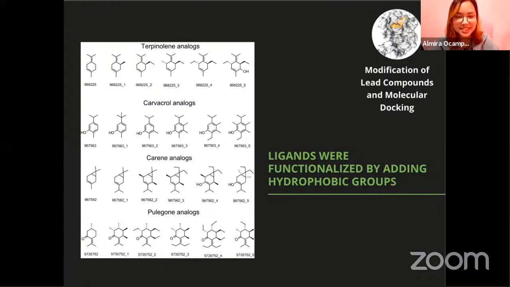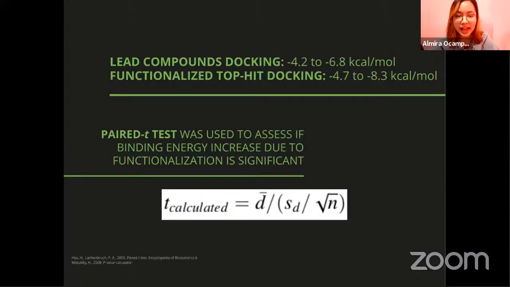And next slide, please. So after the edited ligands where we added hydrophobic groups were docked again, the range of the binding affinities changed, where the functionalized ligands were negative 4.7 to negative 8.3. And the first ensemble docking ranged only from negative 4.2 to negative 6.8. So this showed that the lowest binding affinity and the highest binding affinity increased.